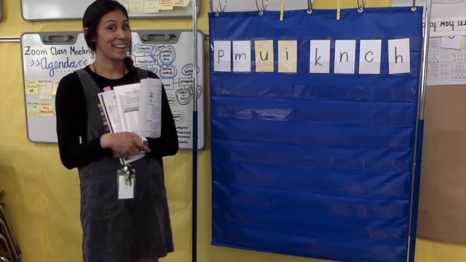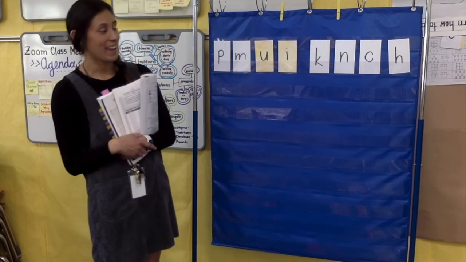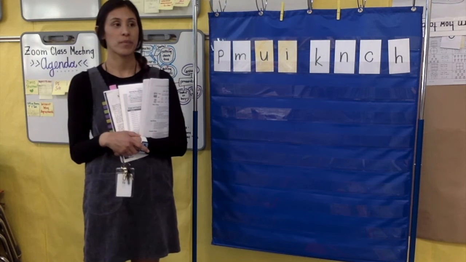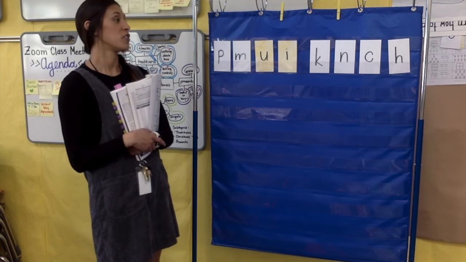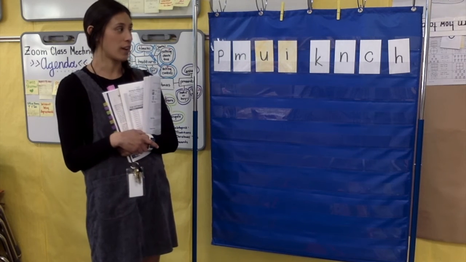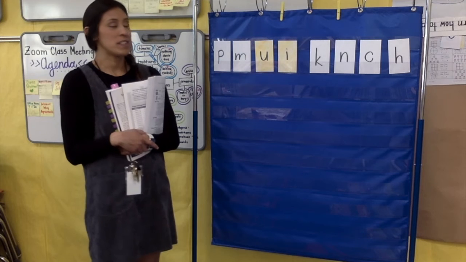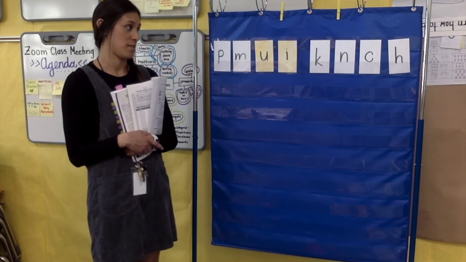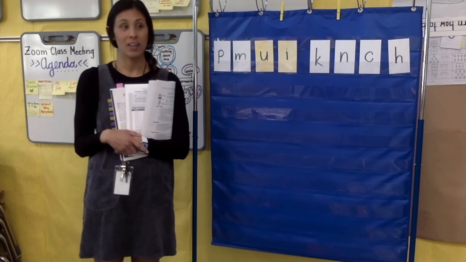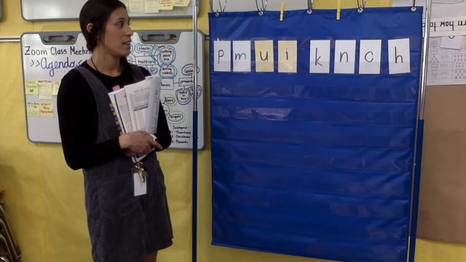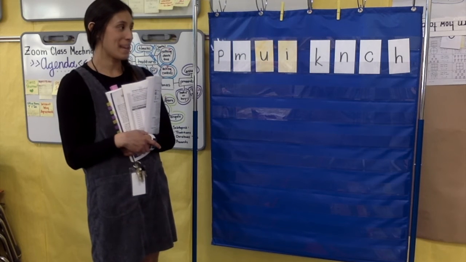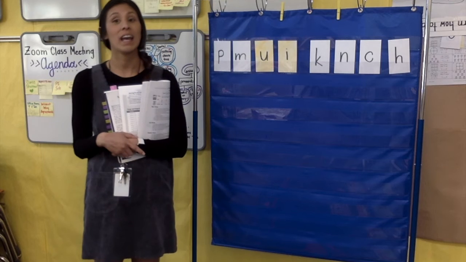Anybody got it yet? Okay, I'm going to give you another clue. The first chunk is the name of a type of snack food. The first chunk of the word is the name of a snack food.